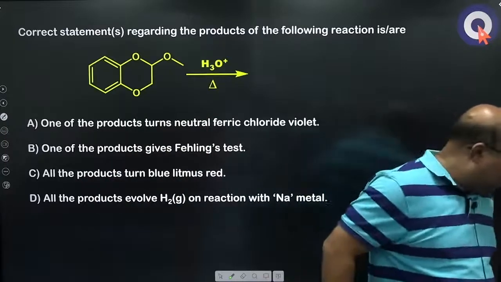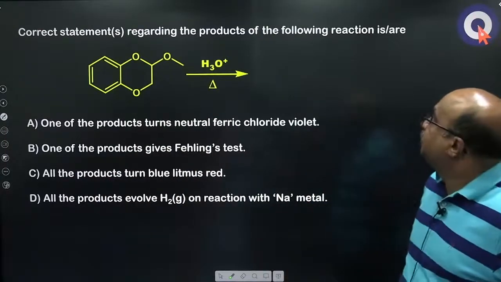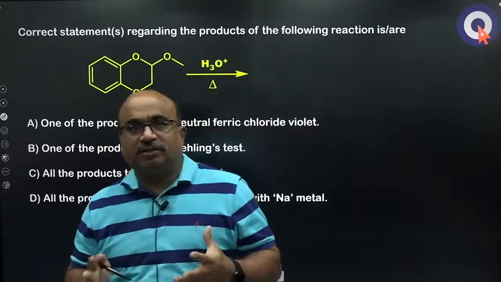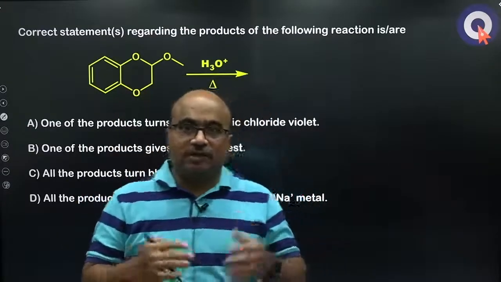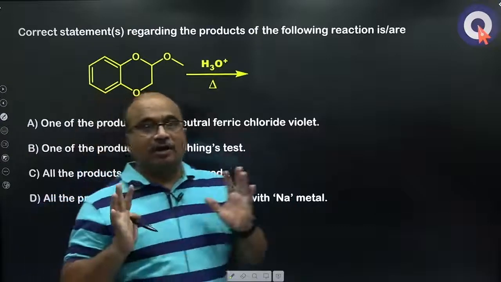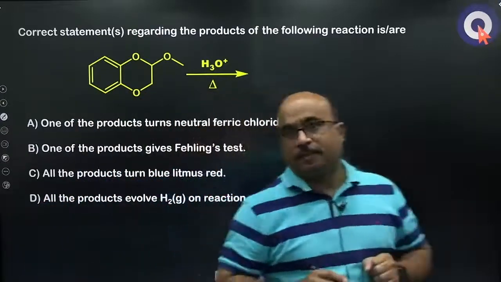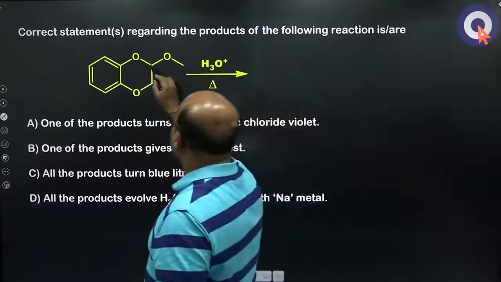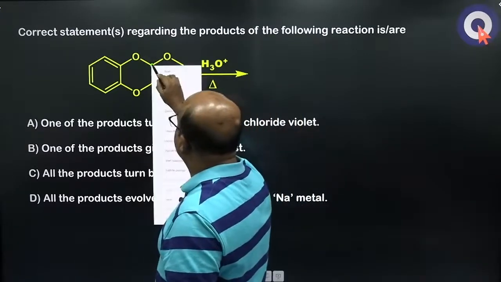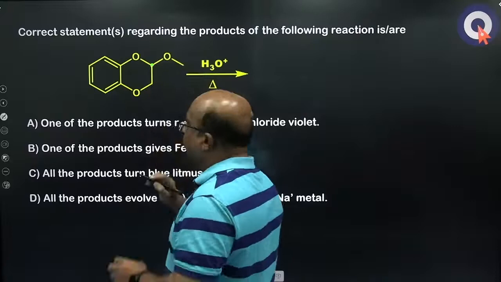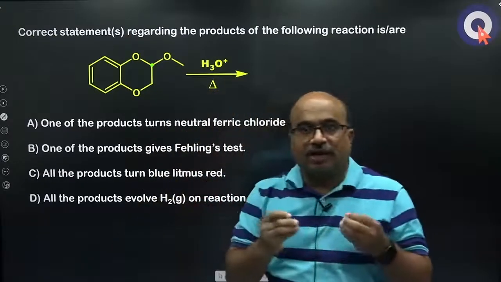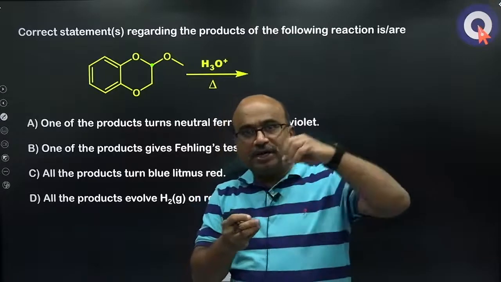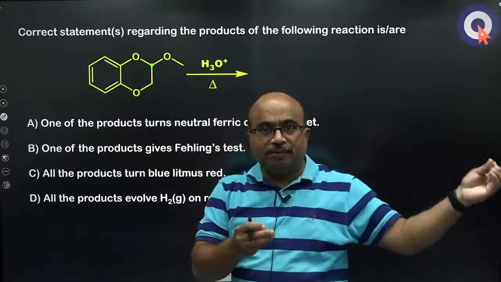Correct statement regarding the product of the reaction. So you see this type of oxygen, it's an acetal type. A simple way to spot acetals: you have a carbon, and immediately there is an oxygen with an alkyl group.